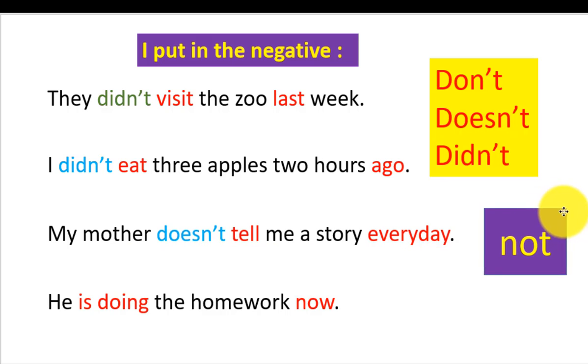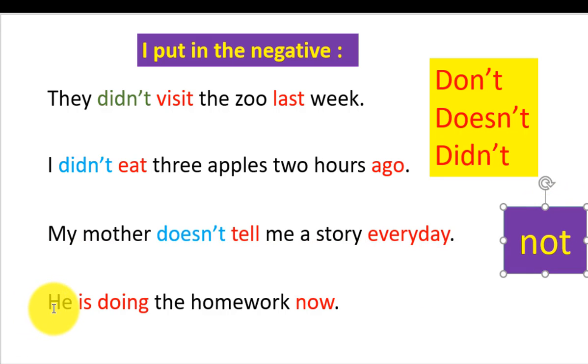We will see now together. We read this sentence here. He is doing the homework now. He is doing the homework now. Where is the verb of this sentence? Yes, good. It's is doing. In which tense is it? Is it in the present simple tense? No, it's not in the present simple. Why?